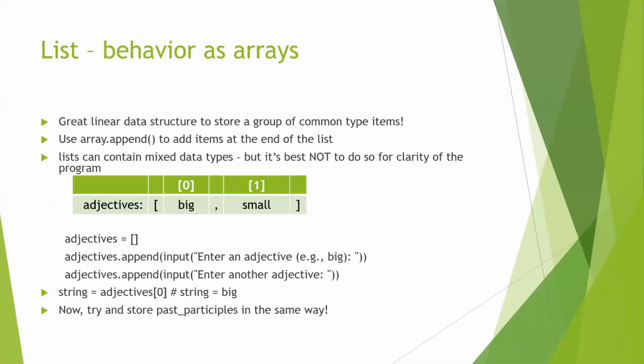To access a particular element of that array, you first write the name of that array, and then use square brackets, and inside goes the integer index of that item. So the string equals adjectives square bracket 0 will be evaluated to be equal to big.